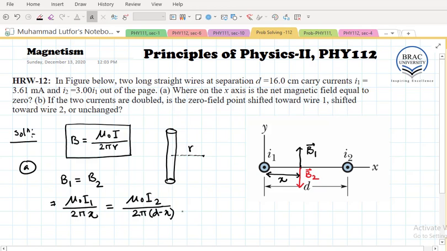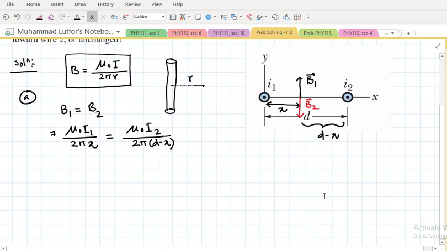Since the distance between the two wires is d and the distance from wire 1 is x, the distance from wire 2 is d minus x. Now we can cancel out mu naught, and also cancel the twice pi from both sides. We find that I1 divided by x must equal I2 divided by d minus x.